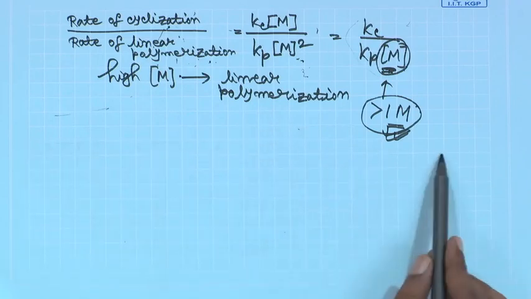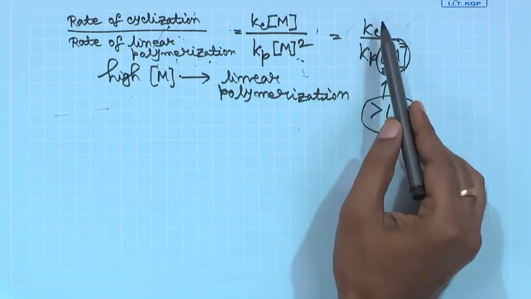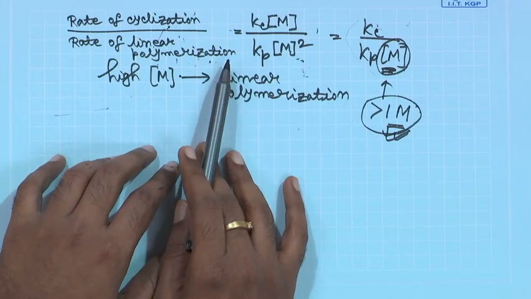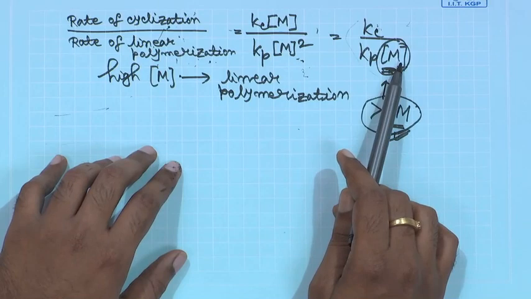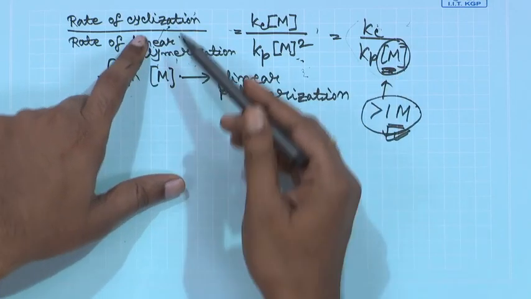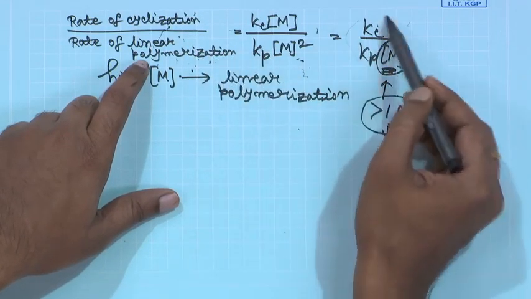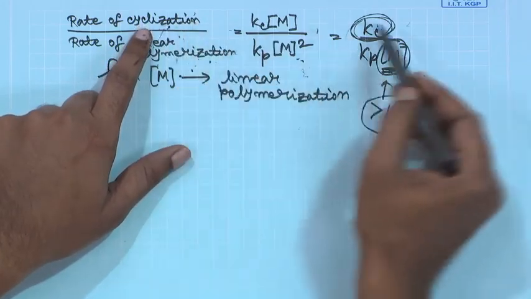So, the kinetic factor becomes important and cyclization may be disfavored. In that case the Kc will also decrease. So, as you go to higher and higher extent of reaction, your M decreases, which in effect will favor the cyclization more over the linear polymerization. However, your Kc also decreases because of the kinetic effect, so your rate of cyclization will also drop.